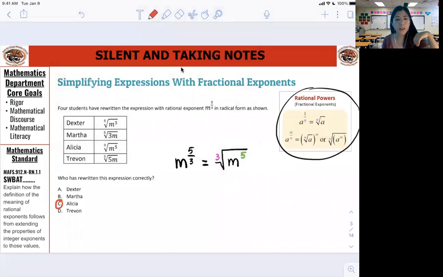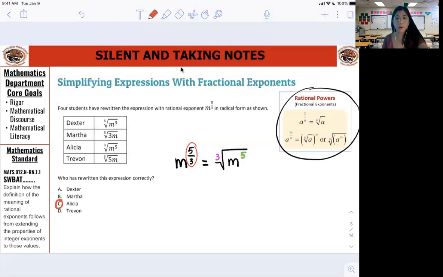Now be careful with answer choice A. So Dexter had it backwards. Dexter put the wrong number in the wrong place. And then Martha and Trevon seem to have confused something, right? Martha and Trevon, they put it as a coefficient. So remember that it starts off as an exponent.